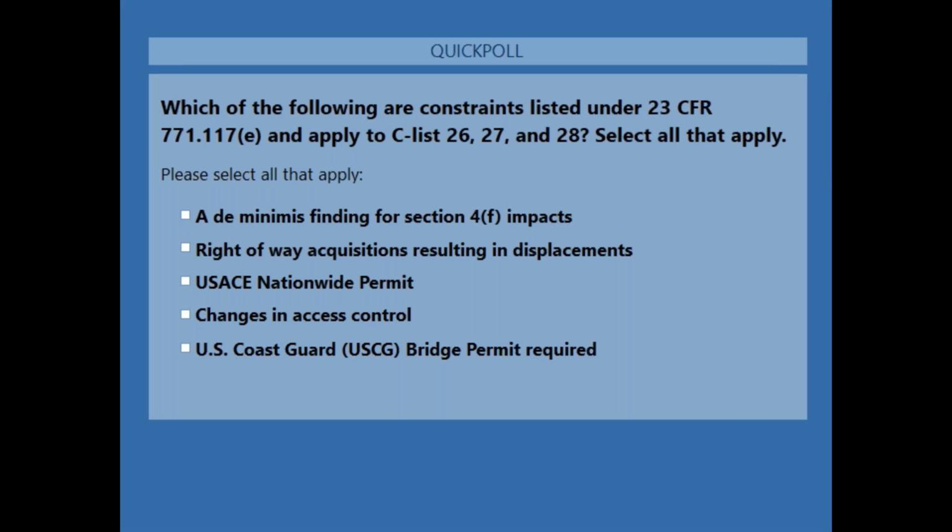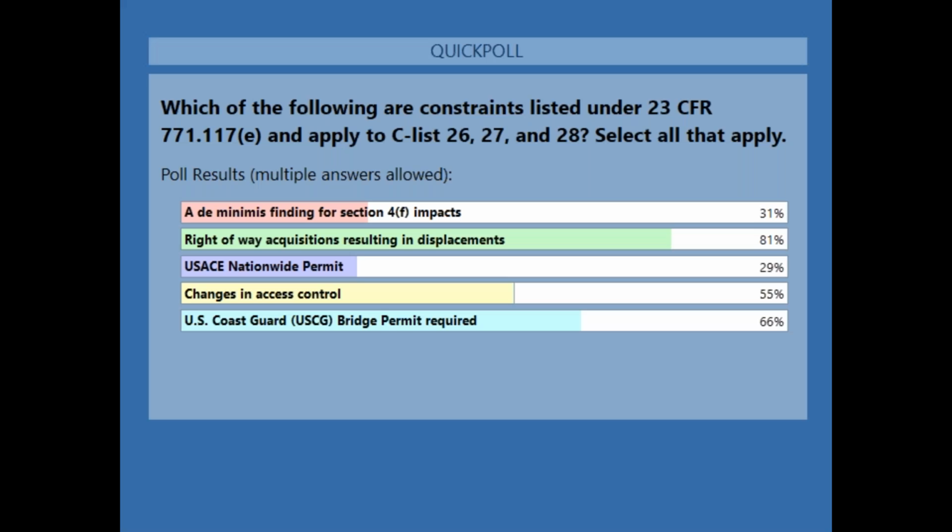All right, coming near the end, give you a few more seconds to get your answers in. Perfect, looks like everybody's in. So let's go ahead and close and take a look at the results. Pretty definitive.